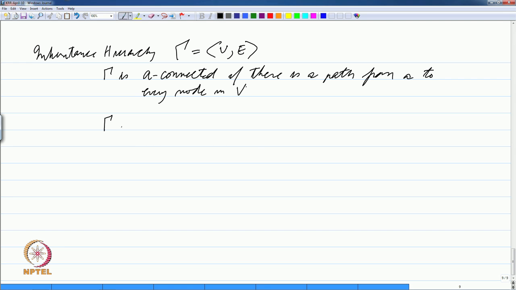We say that tau is ambiguous if it supports A to V and A to not V. And we have seen that this is possible essentially.